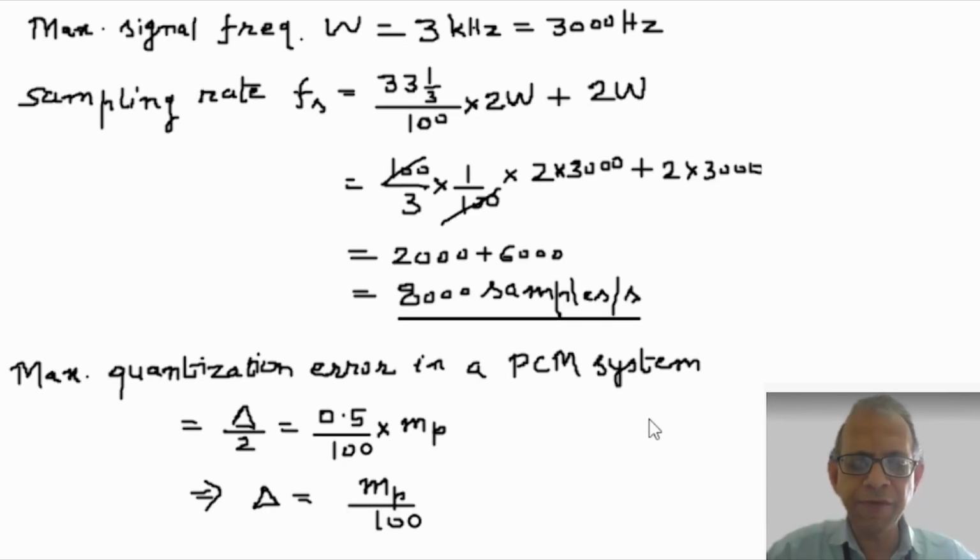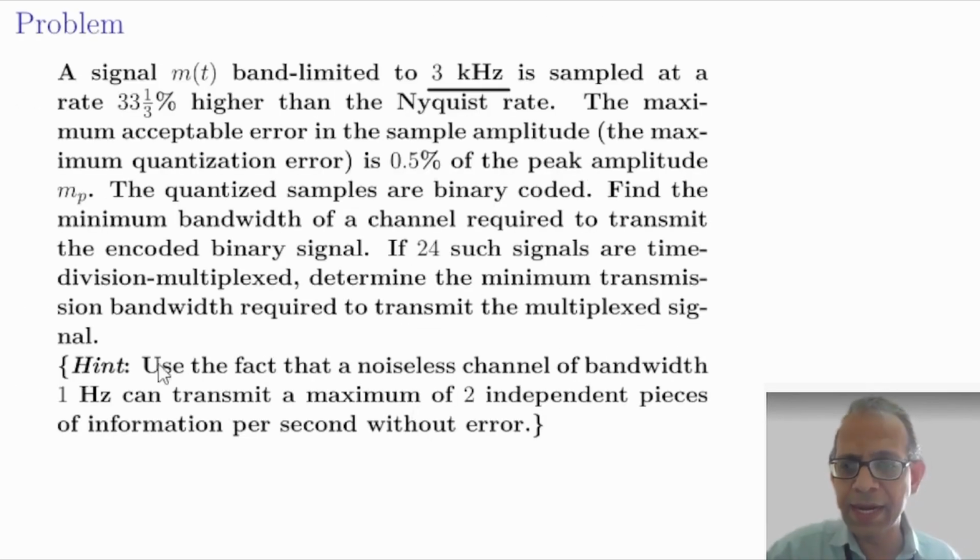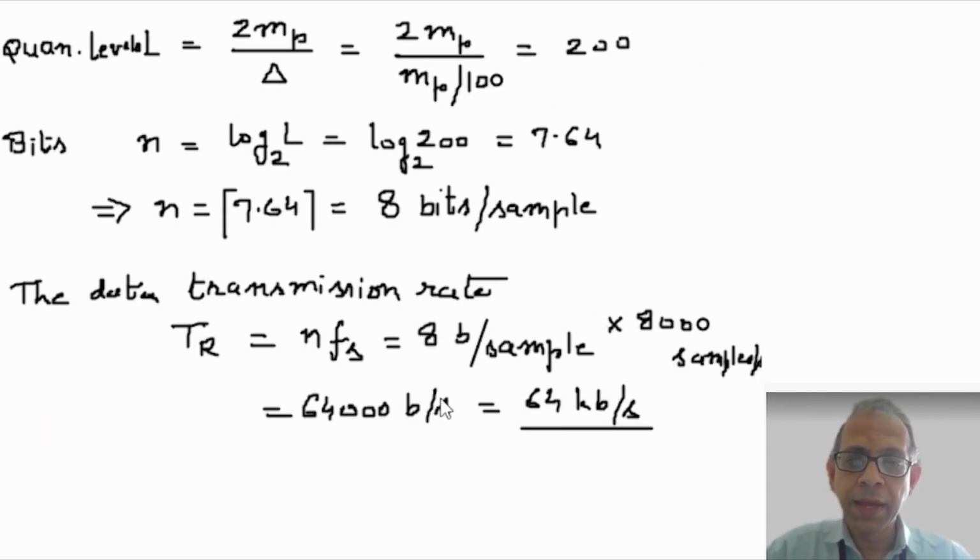And now use the fact given as a hint in the problem. It's a very important result in communication that a channel of bandwidth 1 Hertz can transmit a maximum of 2 independent pieces of information per second without error. Here we take 1 bit as 1 piece of information, and therefore 1 Hertz can support 2 bits per second without error.